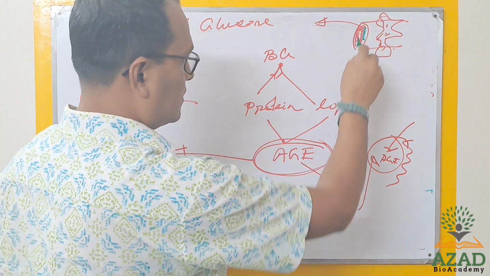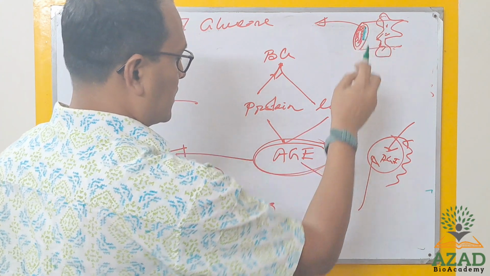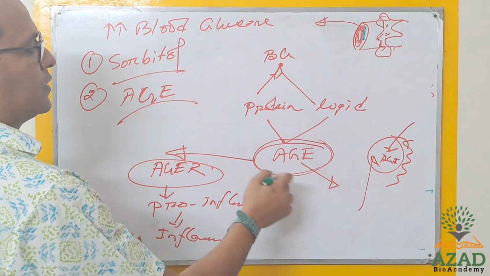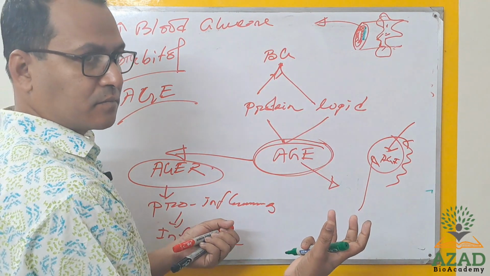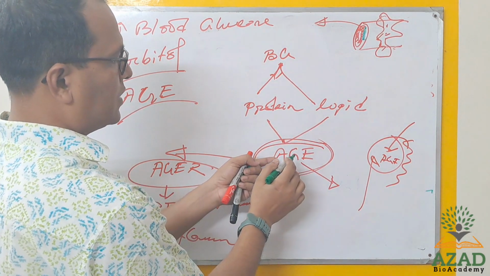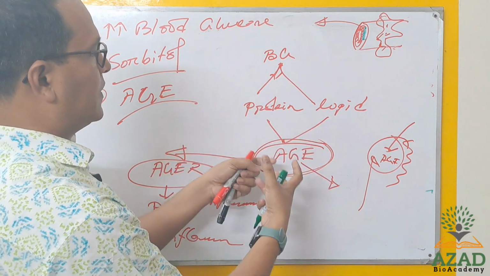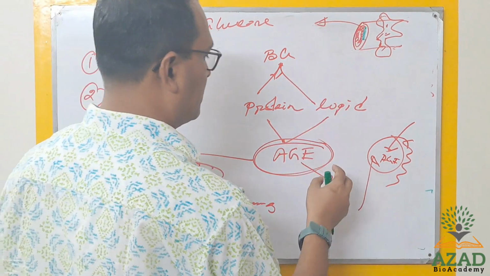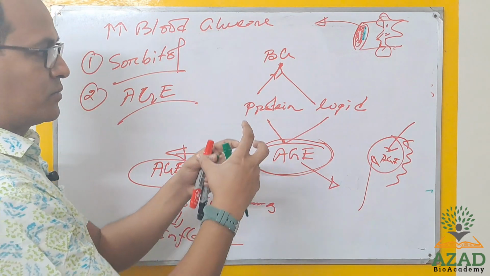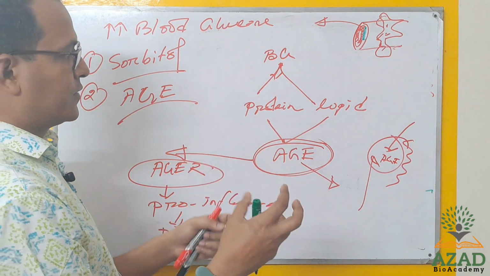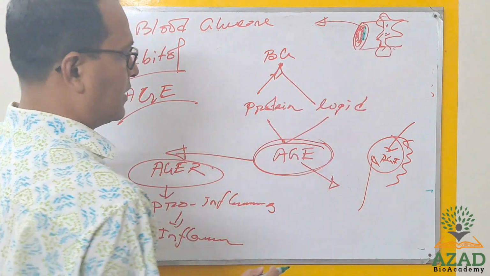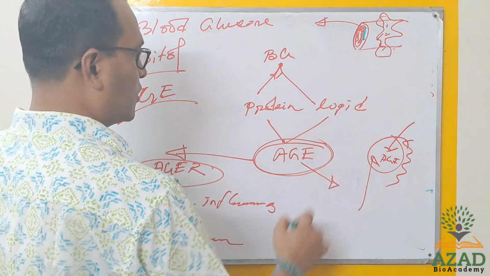this is also a smooth muscle. Here, this basement membrane can also become sticky. When AGE aggregates, the basement membrane can be sticky or very thick. So the pericyte will be activated by AGE. What will happen?